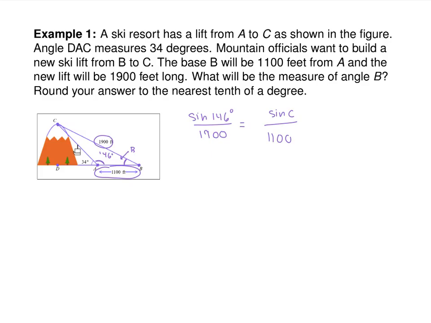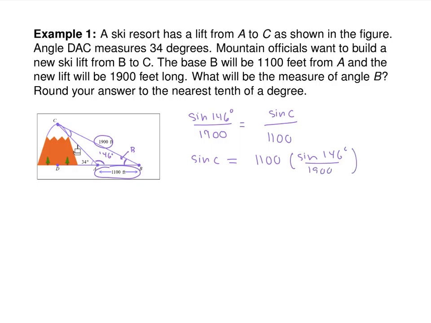Once we found C, could we find B? Yes, because the three angles in the triangle have to add up to 180, so once you know the upper one, we're finding this angle. Okay, so sine of C will equal 1,100 times sine of 146 over 1900.